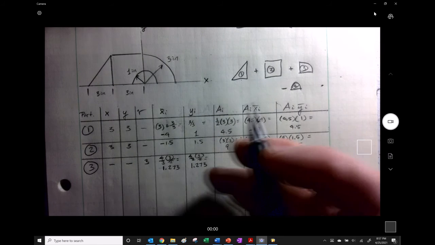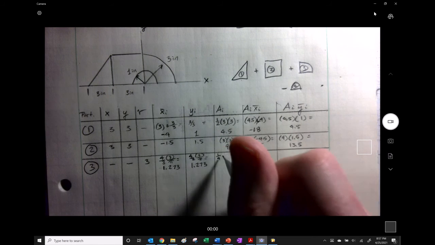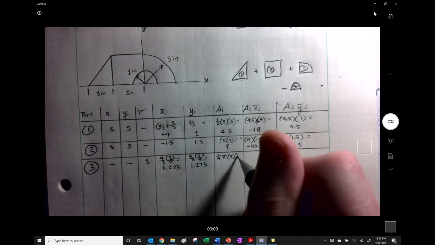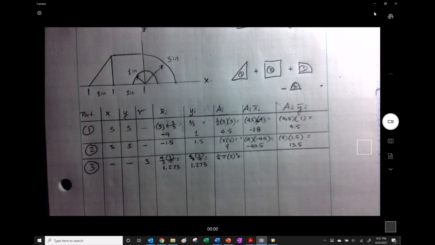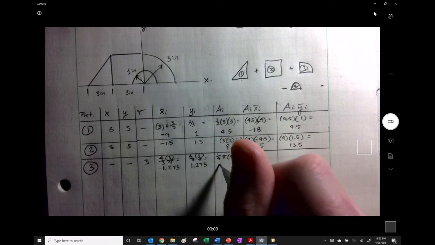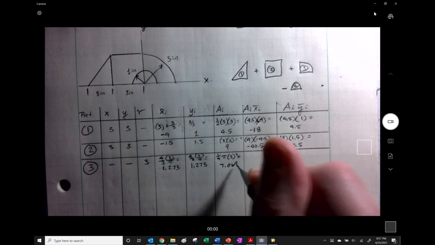1.273. Okay. Now the area is going to be 1/4 pi r squared. So 9 divided by 4 times pi. We have 7.069.